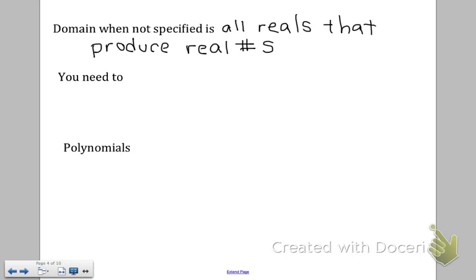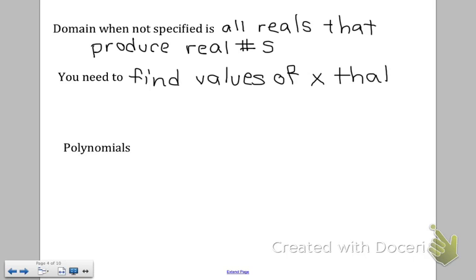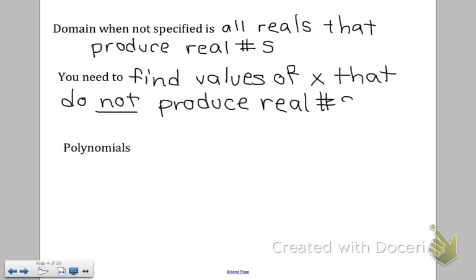So essentially what we need to do when we're asked to find domain is find values of x that do not produce real numbers. When we find those values of x, we know that those numbers are not included in our domain.